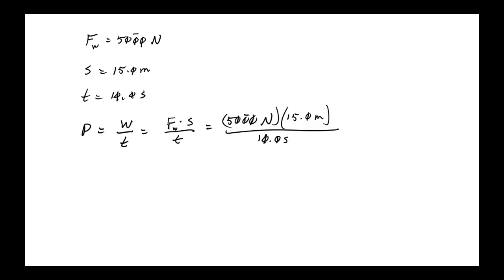Okay? Now I'm going to make this a little easier. I'm going to divide that 10 into one of those zeros, just to make it easier. It's 500 times 15. I think I can almost do that in my head.